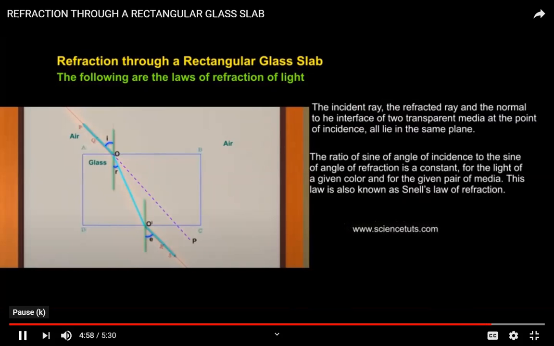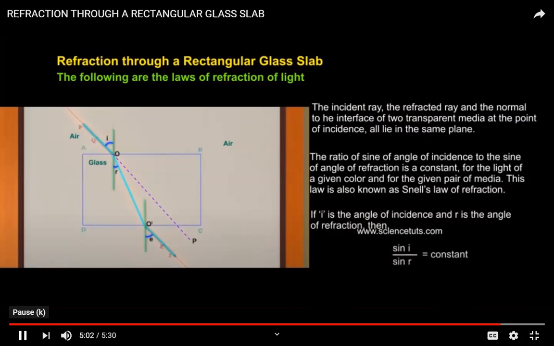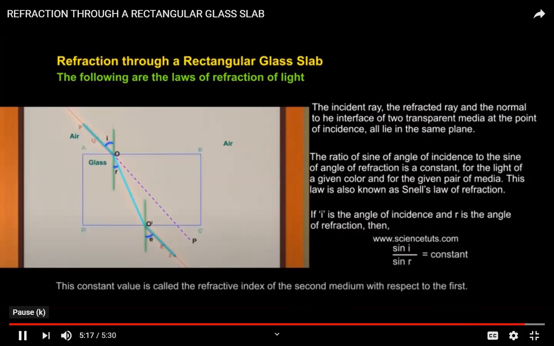This law is also known as Snell's law of refraction. If I is the angle of incidence and R is the angle of refraction, then sin I / sin R = constant. Equation 4. This constant value is called the refractive index of the second medium with respect to the first.